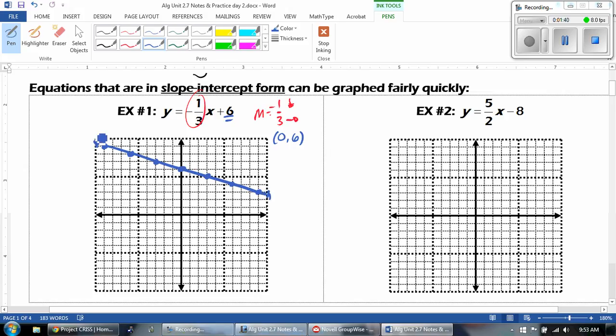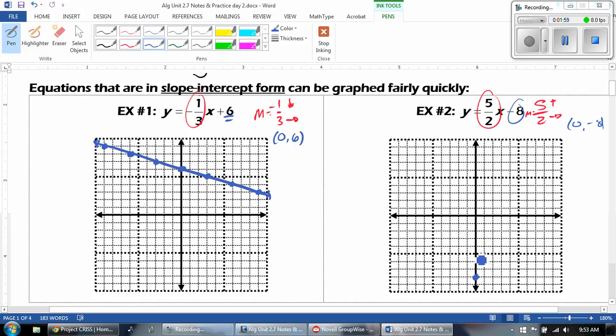Now our other one, once again, is already in slope-intercept form. I see my slope is 5 over 2, which tells me up 5, over 2, and my y-intercept is (0, negative 8). So at (0, negative 8) is where I start.